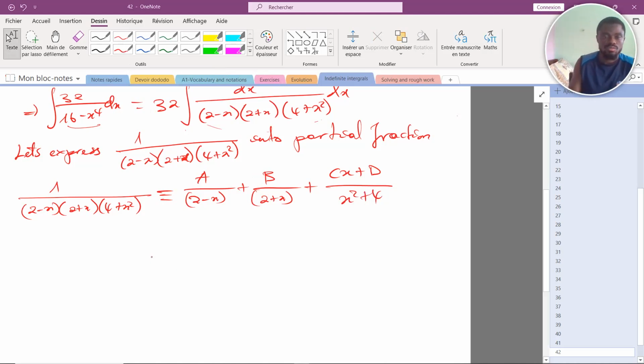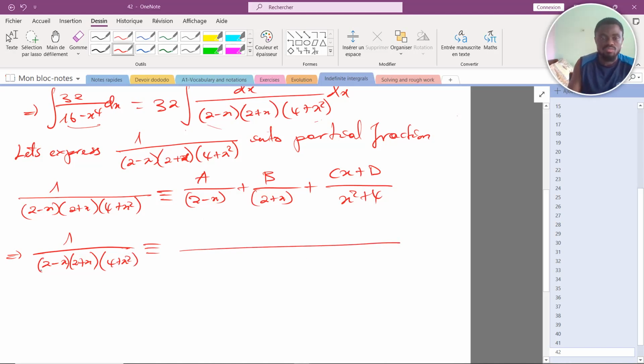Now this implies 1 over 2 minus x times 2 plus x, all times 4 plus x squared will be identical to what? The LCM here will naturally be all of this, 2 minus x times 2 plus x times x squared plus 4.